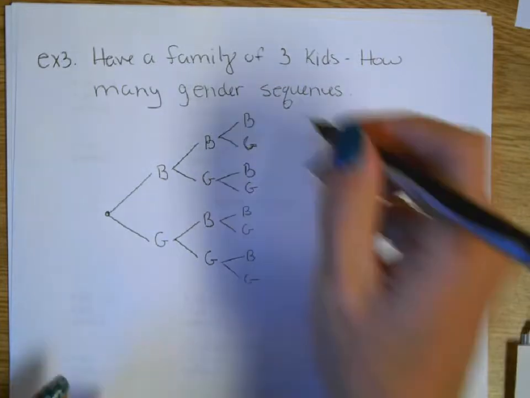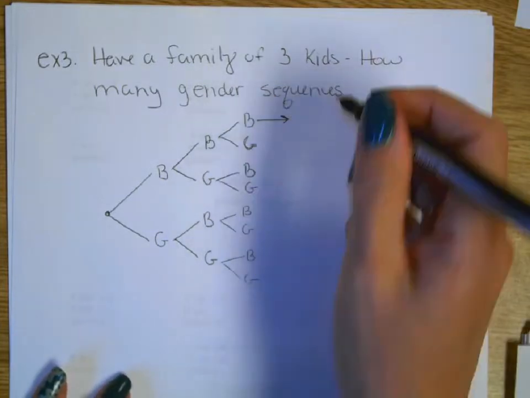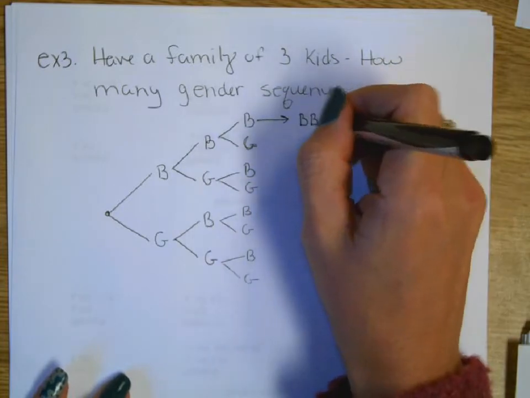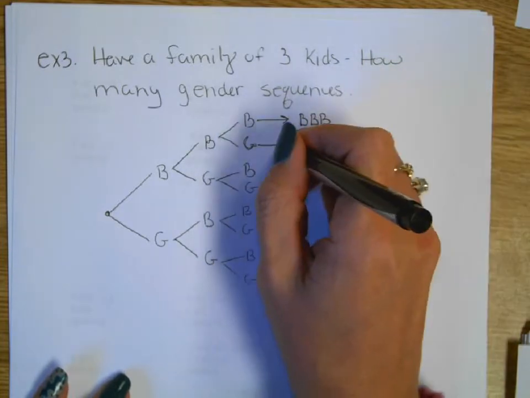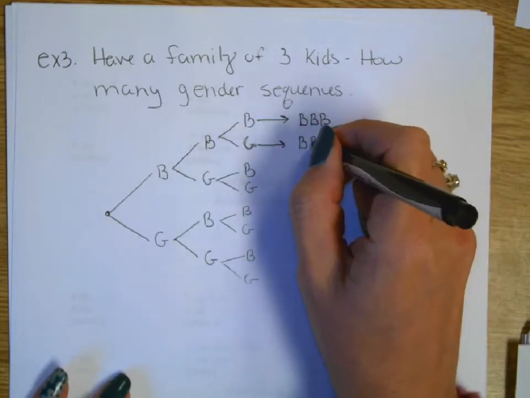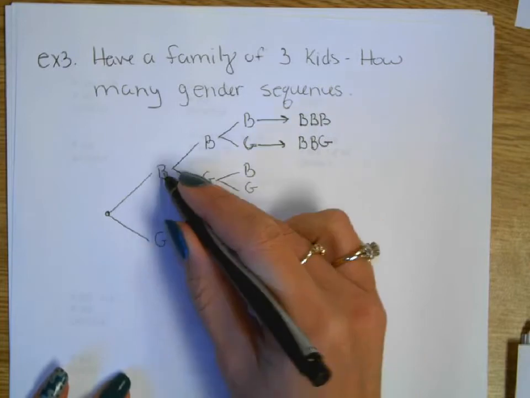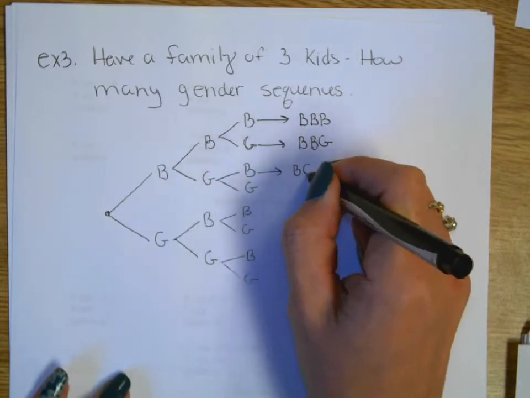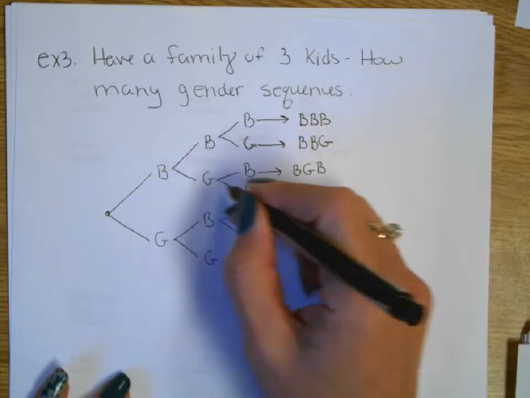So the end of this first branch represents my first outcome in my sample space, and that is having 3 boys in a row. This one's boy, boy, then a girl. Boy, girl, boy, just following the branches. Boy, girl, girl.